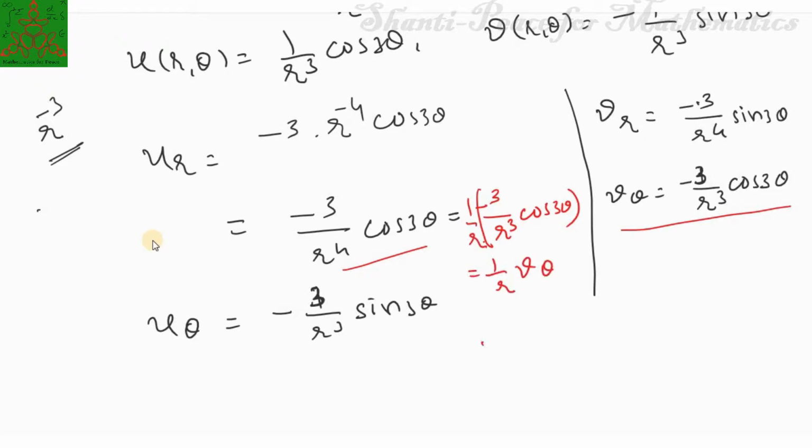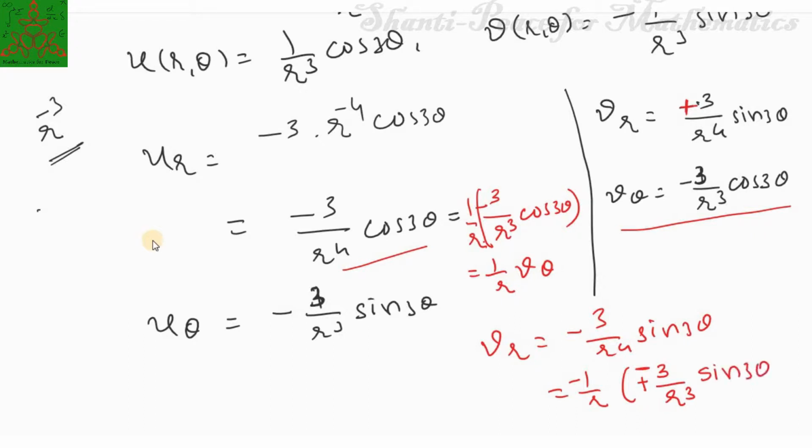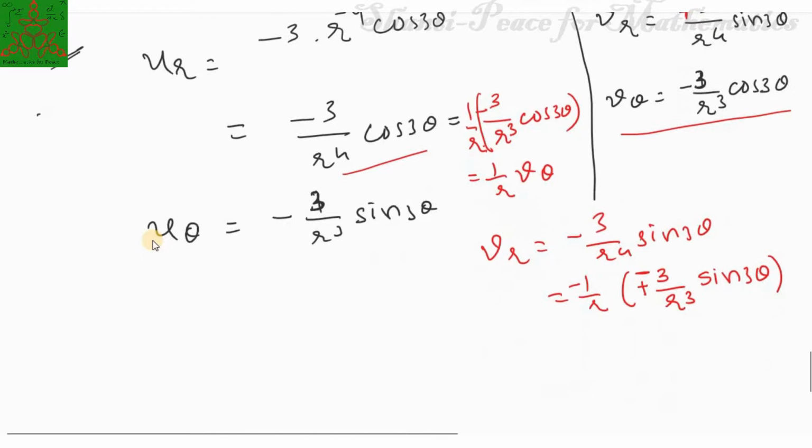And this vr equal to minus 3 by r raised to 4 sin 3 theta can be written as 1 by r, minus is also common, this will become plus actually, here you will have a plus. So that is why this is minus 3 by r cube sin 3 theta. So that we can write as minus 1 by r u theta.